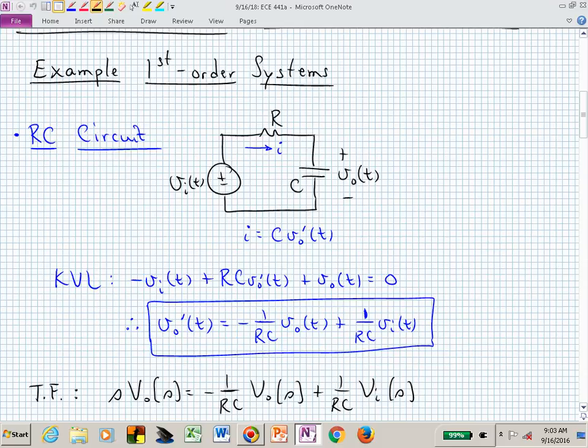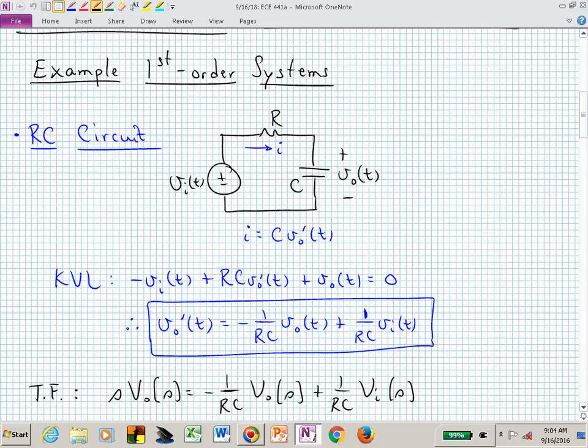And in this particular case, if I ask you for the system matrix or the A matrix, what would that be equal to? Are you starting to see the state space representation falling out of these systems? It's simply this minus 1 over RC. That's our A matrix.